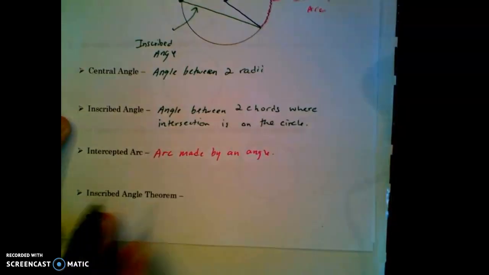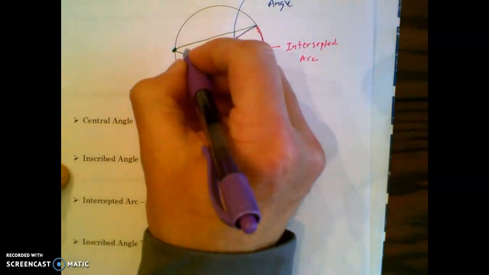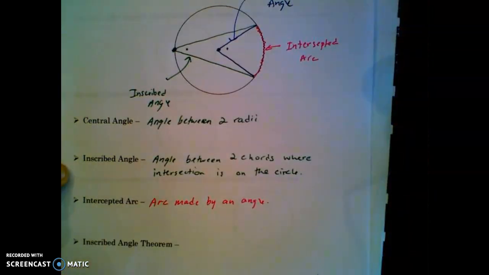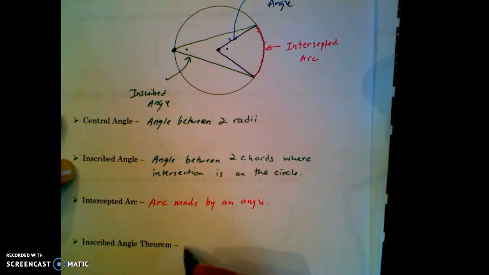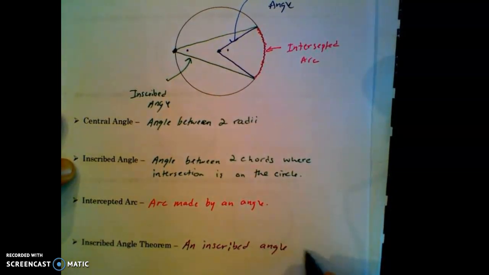And again, we kind of described the inscribed angle theorem by using Joey and his example on the kitchen floor. But basically you notice that this inscribed angle is smaller than the blue central angle, and it's smaller by exactly half. So the inscribed angle theorem is an inscribed angle is half of the arc it makes.